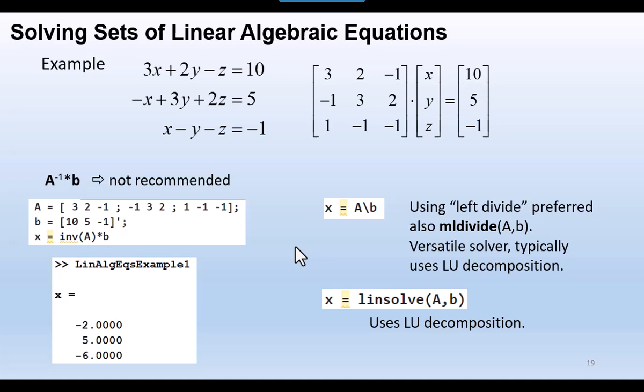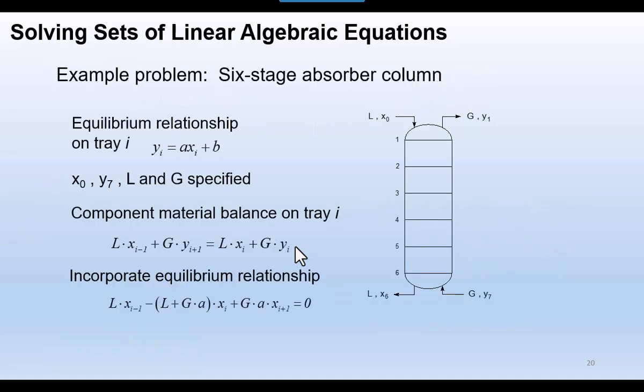Okay, so let's move on and take a look at a fairly simple engineering example here with an absorber column, where we have a gas stream flowing upward through the column and a liquid stream flowing downward. We are assuming here that we have equilibrium established on trays, or theoretical trays, 6 of them, as we go down or up through this column, and that we have an equilibrium relationship.